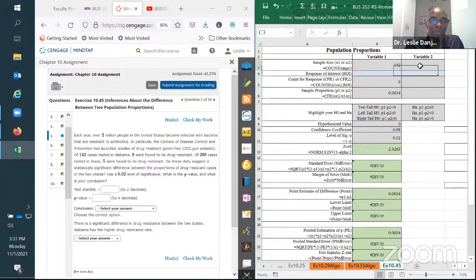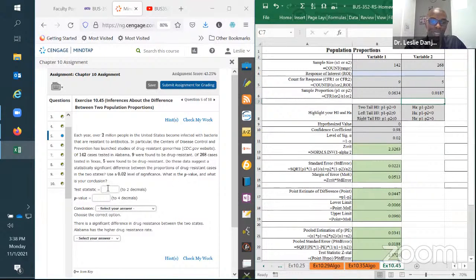This next one, 268 cases tested in Texas, 5. That's a small percentage. This equals the small number divided by your sample size. So are these two statistically different or are they the same? We're dealing with a hypothesized value of 0.